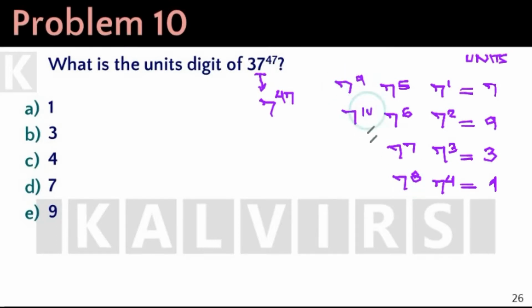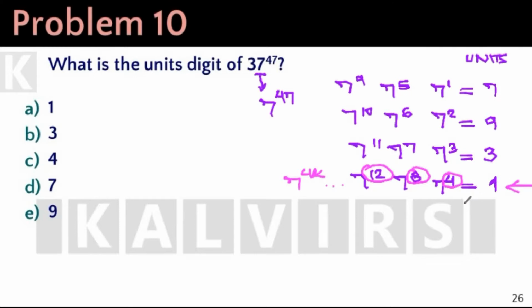Now, we should notice something. In the last row, the exponents have something in common. The exponents are all multiples of 4. So we can conclude that 7 to the power of 4 always will have a units digit of 1.